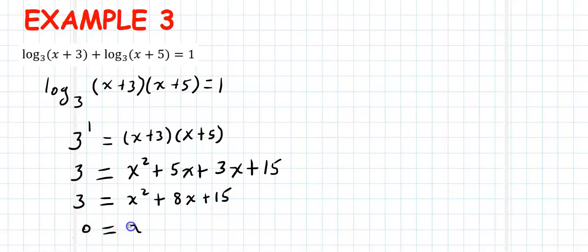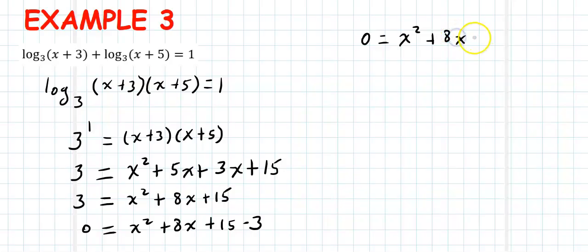So 0 equals x to the second power plus 8 times x plus 15 minus 3, and add the like terms. 0 equals x to the second power plus 8 times x plus 12.